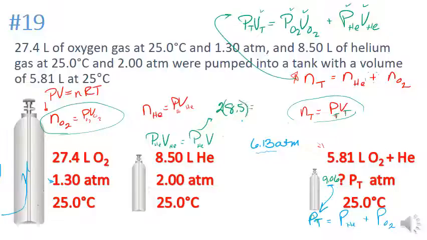We don't know the new partial pressure of the helium, but we do know its new volume, 5.8. What'd you get when you did that math, please? I did it the other way. Please do it. 2.9. And that's what I got the other way. Yeah, 2.93 exactly atmospheres is the partial pressure of the helium.